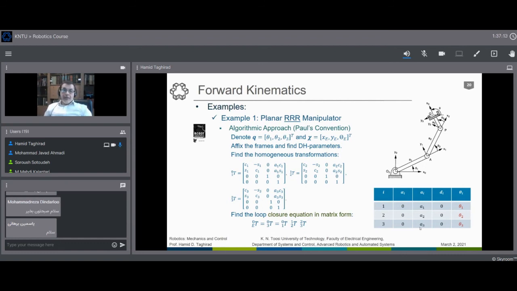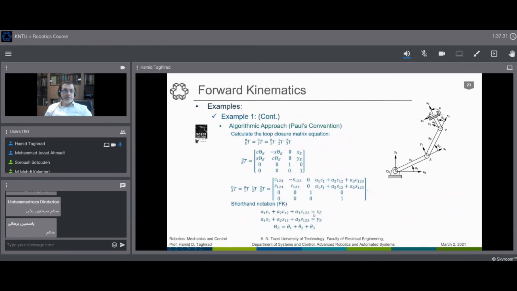We usually do measurement. We say, okay, assume that A1, A2, A3 are given as nominal values. If we measure theta 1, theta 2, and theta 3, we have the kinematic relation. We put theta 1, theta 2, theta 3, A1, A2, A3, multiply them to each other, and get XE.